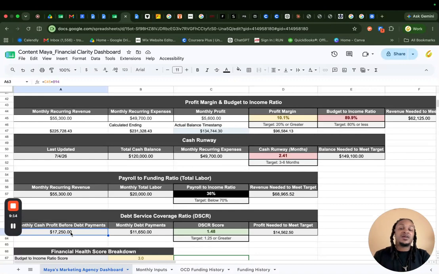That is the 17,250 here in this case, or monthly cash profit before debt payments. We're going to divide that by the amount of our total debt and loan payments, which is $11,650, and that gives us a DSCR score of 1.48, which is well above our goal of 1.25 or greater.